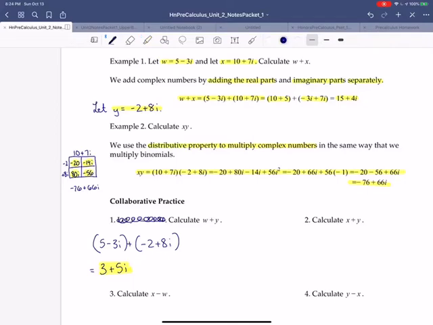So next, we calculate x plus y, so we add 10 plus 7i and negative 2 plus 8i. When I add the real parts, I get 8. When I add the imaginary parts, I get 15i.